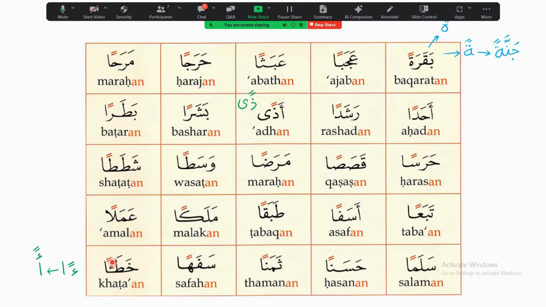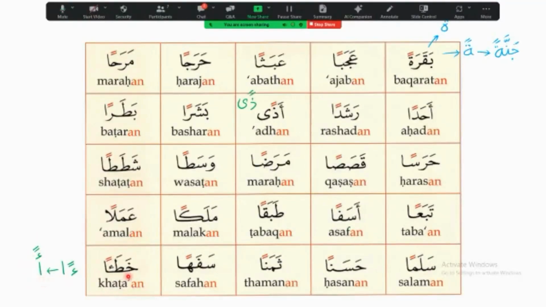I told you about this as well, when we did the way we write Hamza, we did the five to six ways how Hamza is written. So here you see that Hamza is written. After that, you see an Aleph here as well. All right, you might see Hamza written like this as well at places. So this is just a way of writing Hamza.